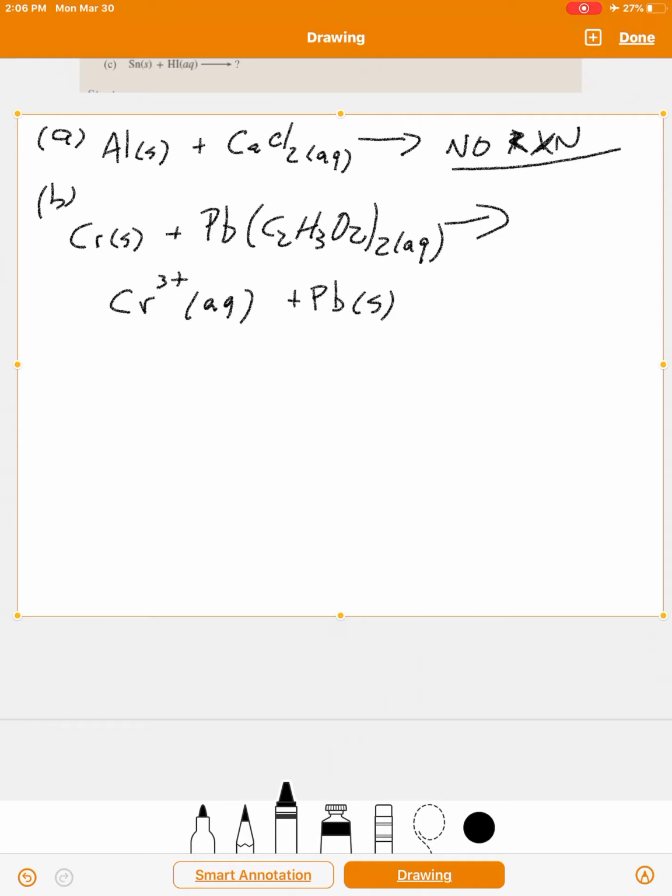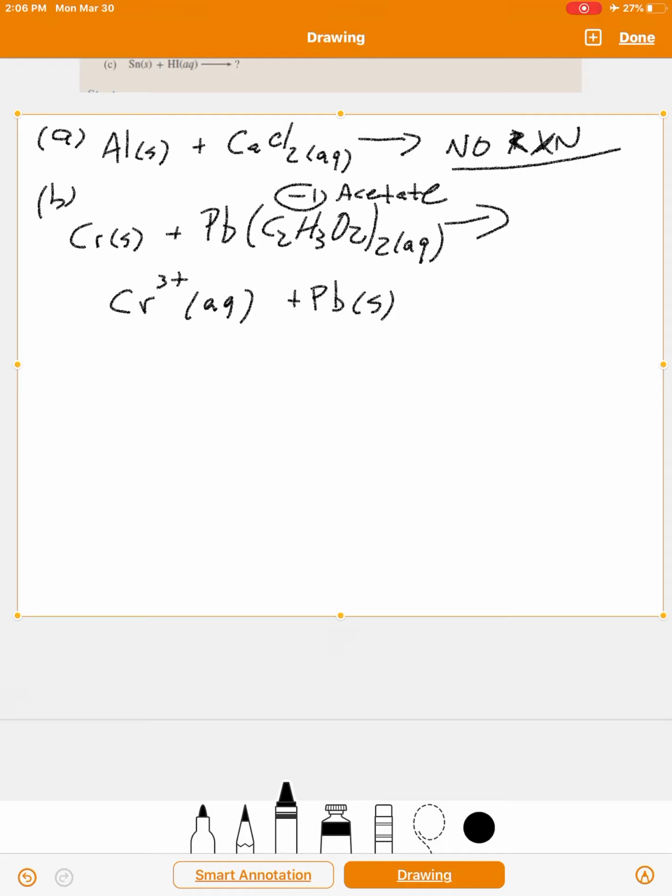What about the acetate? The acetate has a charge of -1. Okay, acetate's -1. Now, what's lead? What's chromium? Chromium's plus 3. So if chromium's plus 3 and acetate's -1, that means we need 3 acetates.